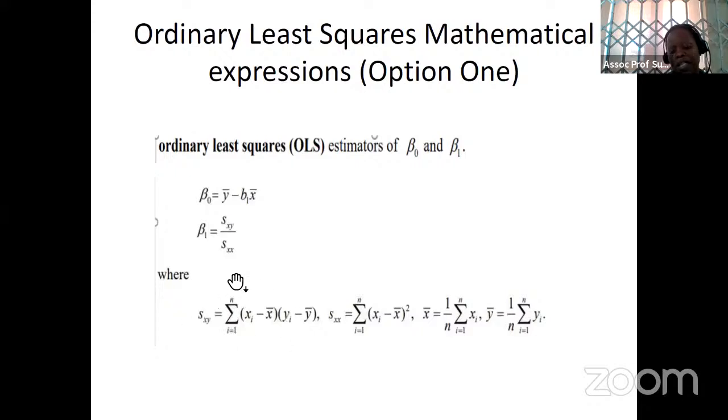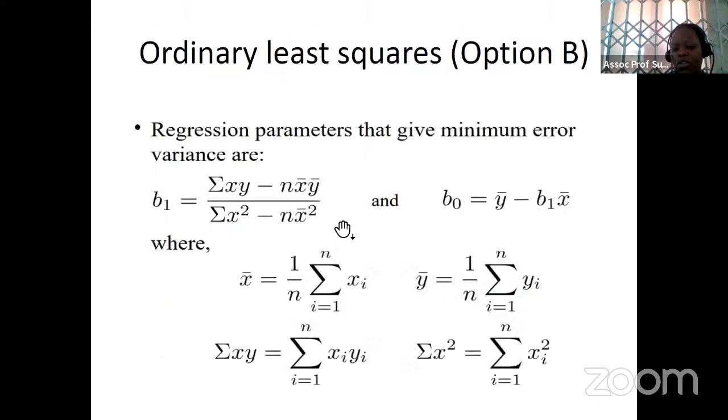I have expanded the sums of squares for the cross product and also the sums of squares for x, so this is how it is expanded in case you want to know. So this is one way of determining the slope and intercept. You can also use this method to determine the slope and the intercept. Okay, and the expansion is here. So in case you want to go into details of how they obtain those values manually, those are the formulas we can use.